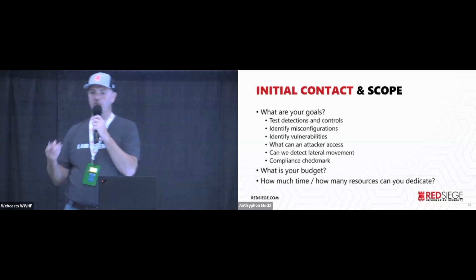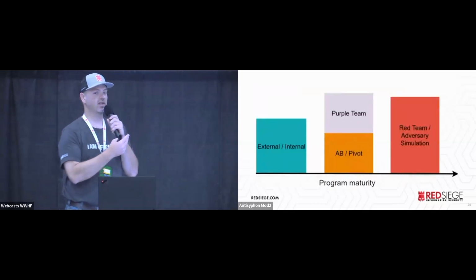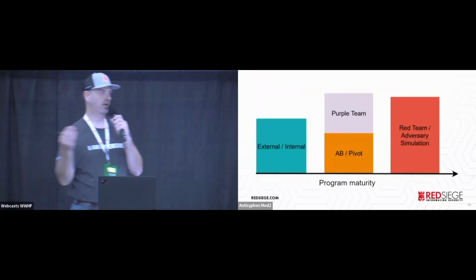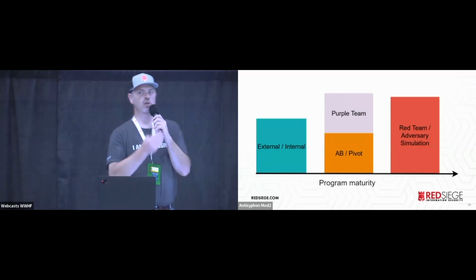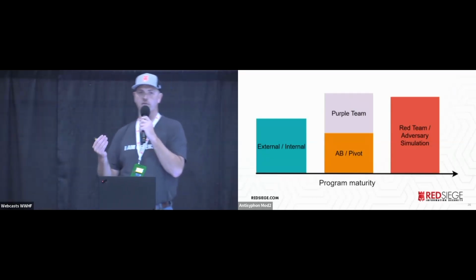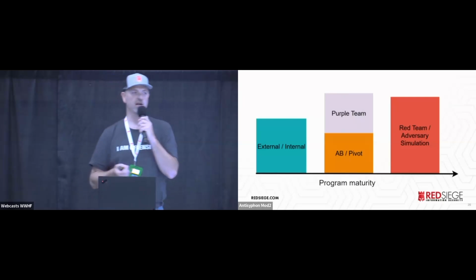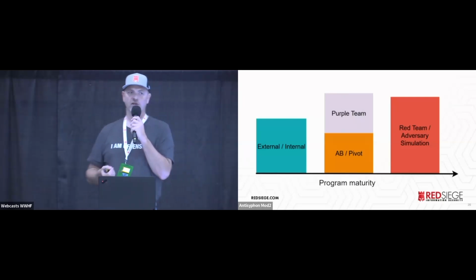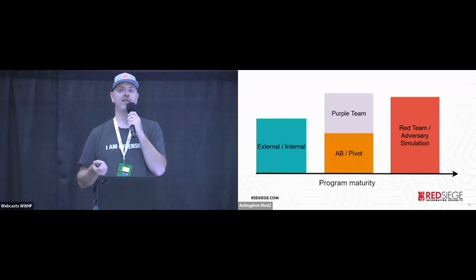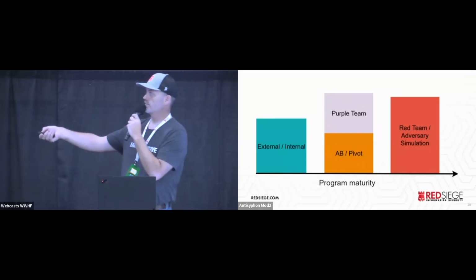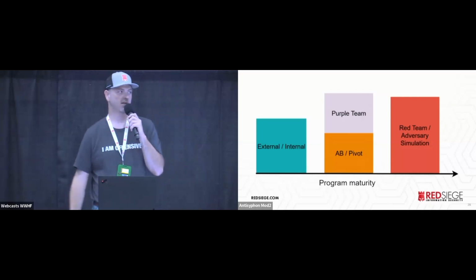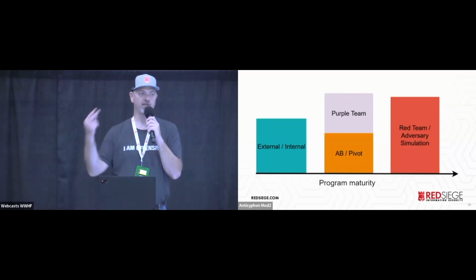Another thing you can think about is this maturity model. If you do not have a mature program, you have just started your security program, you still haven't really figured out patching, you're not locking anything down with GPOs and any of that, you should probably get the external-internal test, because we're going to find a lot of things.